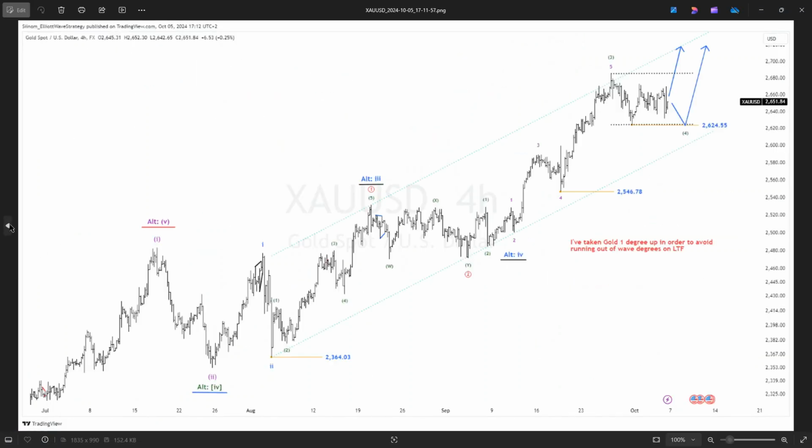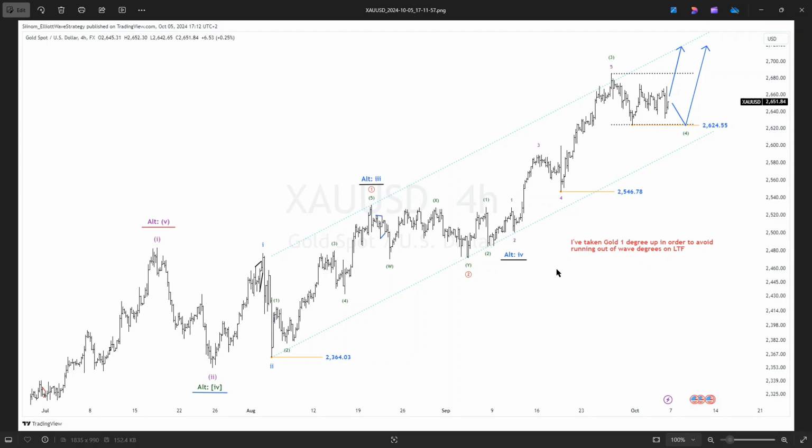What you will notice is that what we post on our Telegram channel as well as Facebook is a bit different in terms of wave degrees. We're doing this here for this video to avoid running out of wave degrees upon our count. So as you can read here, I've taken gold 1 degree up, and in certain instances 2, so that we won't run out of the numbering system.